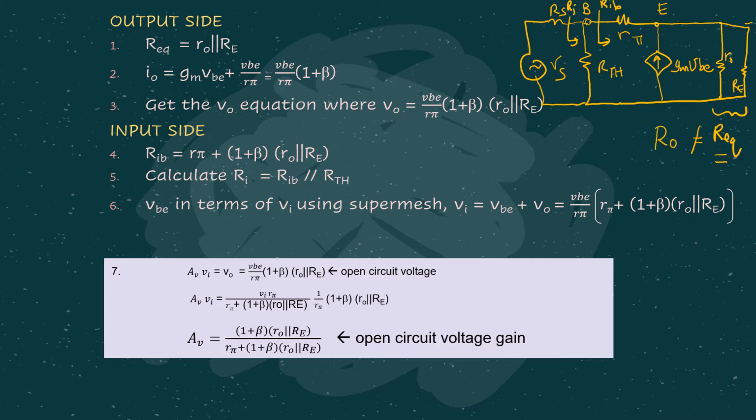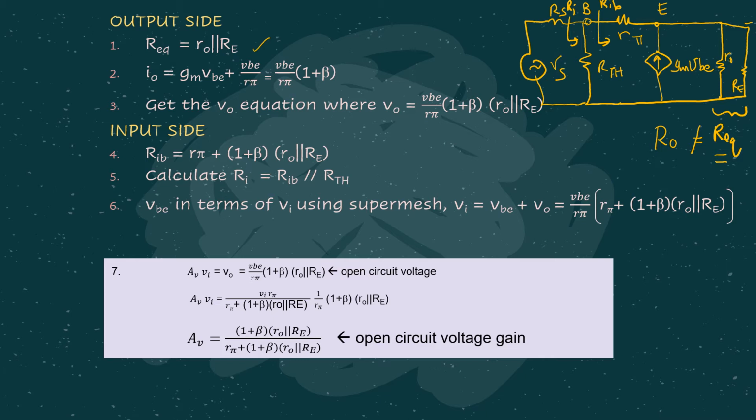So it's not the output resistance, we need to find the output resistance at a later stage of this analysis. But at the moment we are looking for Req, the equivalent output resistance. In this case we simplify whatever resistance is at the output side, Req is given as R0 in parallel to RE.